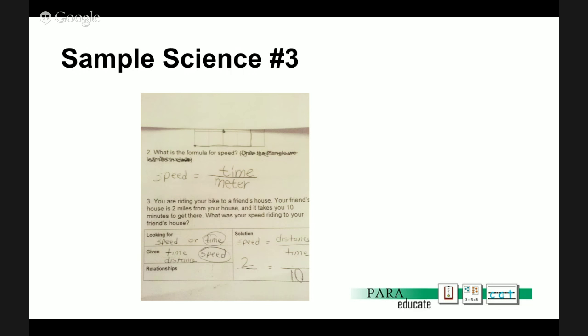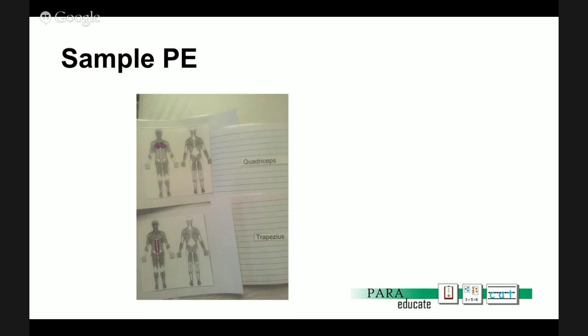PE. Nobody thinks that there's going to be any modifications for PE. Turns out there are going to be a few, especially secondary. Secondary tends to be more about, did you understand the rules and how does the human body work in terms of actual physical activity.